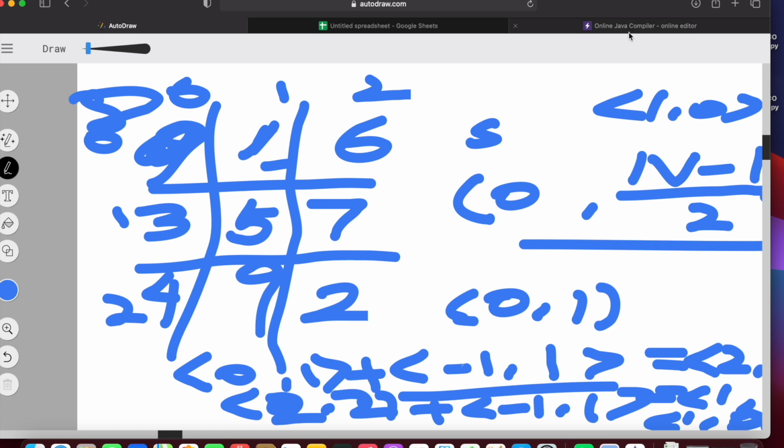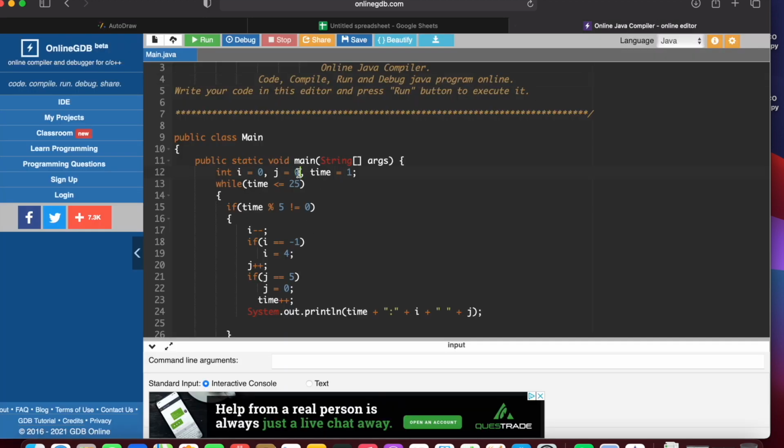Now I'm going to show you the code that can easily solve it. What we need to do is only enter the starting point according to the formula, which for a 5 times 5 grid is 0, 2.